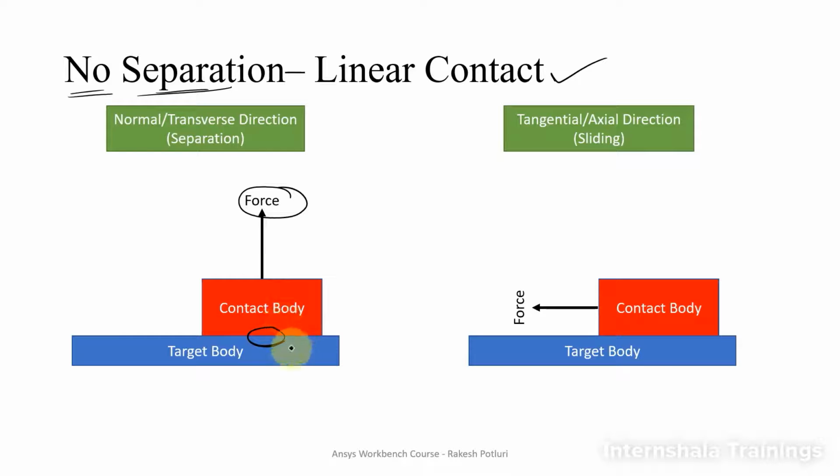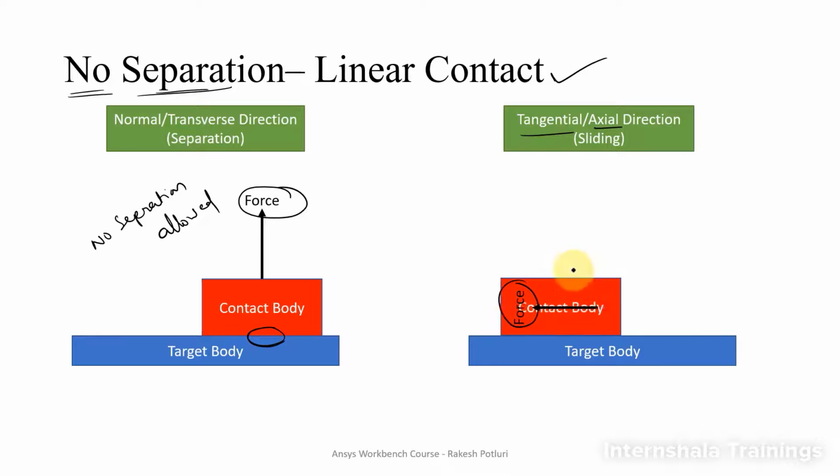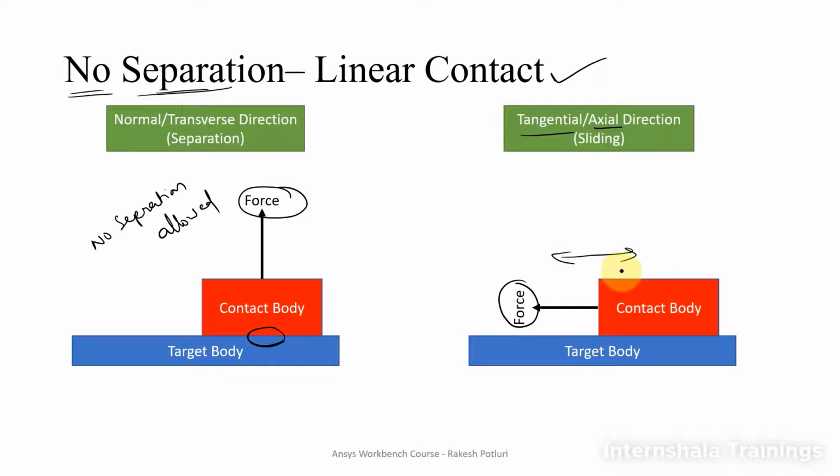This contact body cannot be separated from the target body, meaning no separation is allowed. But if I apply the force in the axial or tangential direction, what will happen? This body can slide over the target body based on the force you have given. So sliding is allowed.